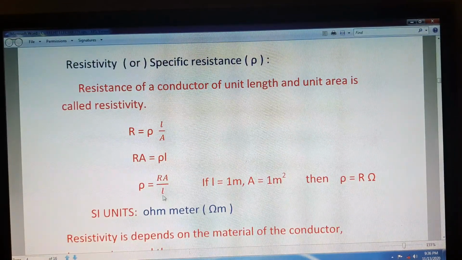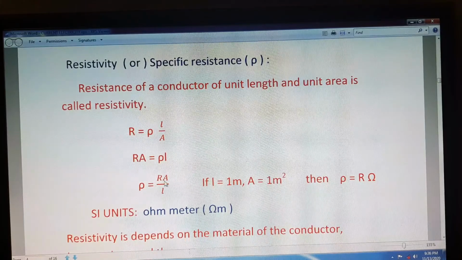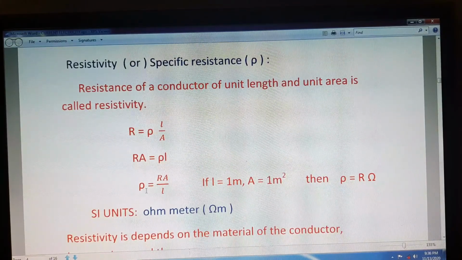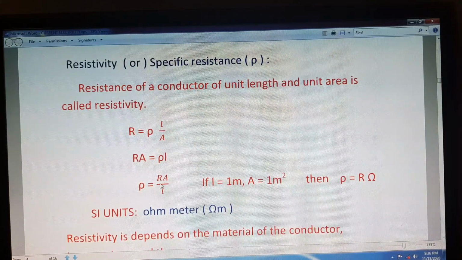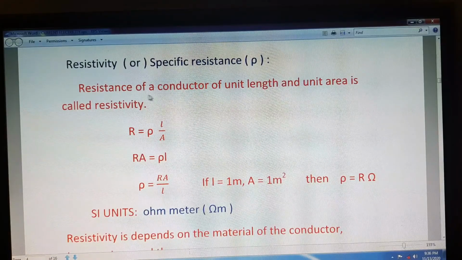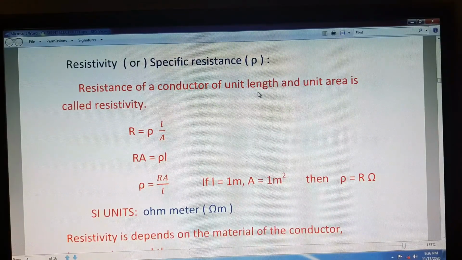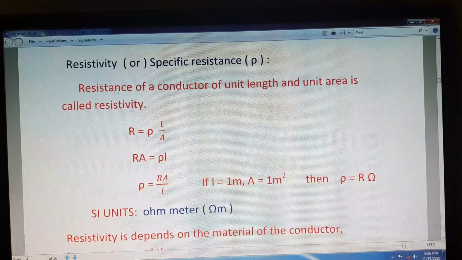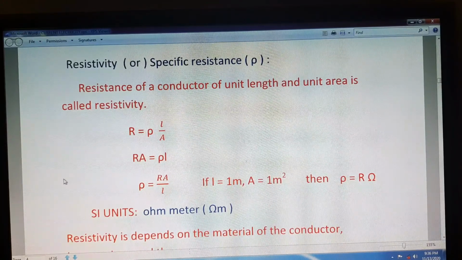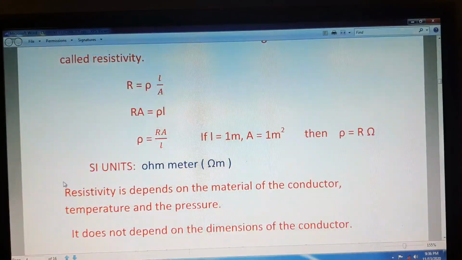So the resistance of a conductor of unit length and unit area is called resistivity.